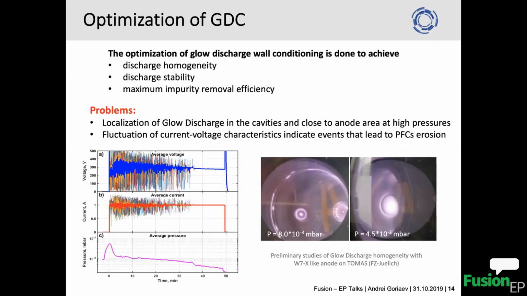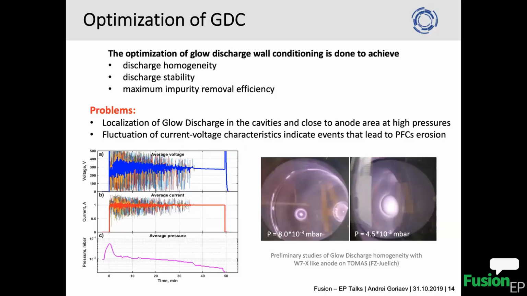So for instance, in case of W7-X, we have some problems with glow discharge ignition. Probably you guys are familiar with the so-called Paschen curves: the relation of pressure, distance between anode and cathode, and voltage. And this curve shows the points of breakdown.